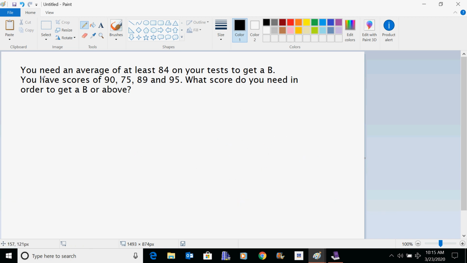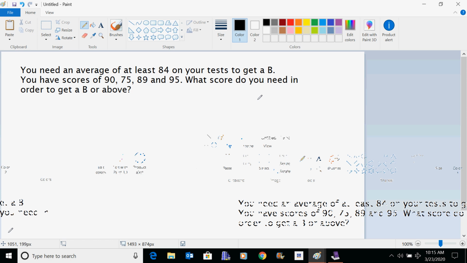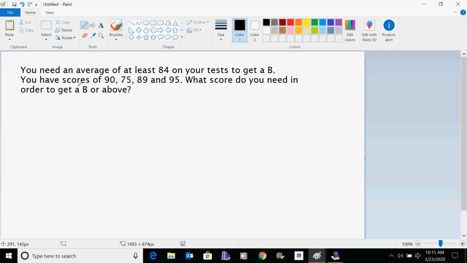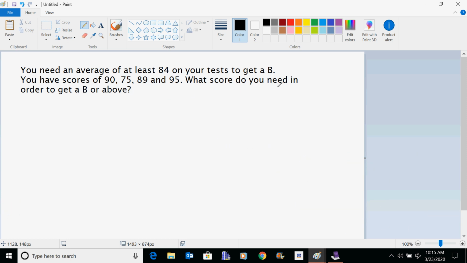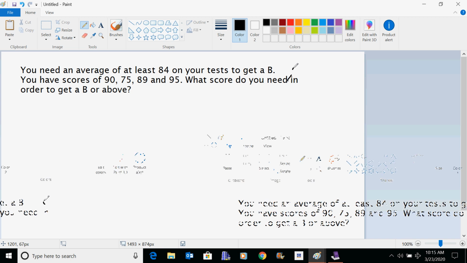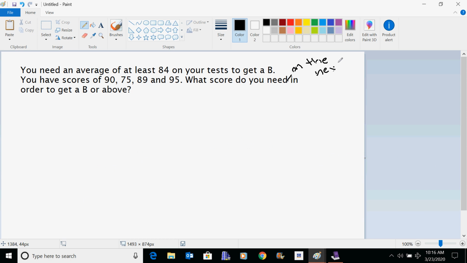You need an average of at least 84 on your test to get a B. You have scores of 90, 75, 89, and 95. What score do you need in order to get a B or above? It should say, what score do you need on the next test in order to get a B or above.